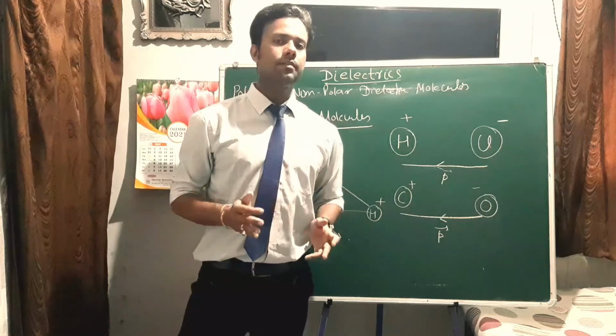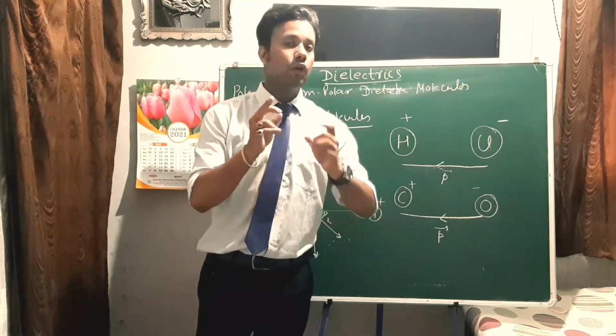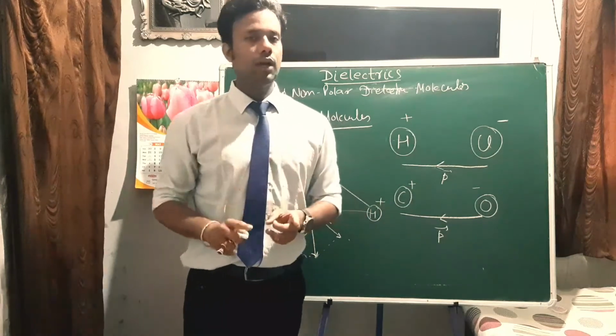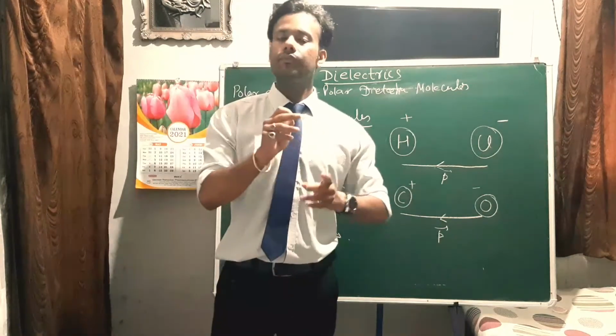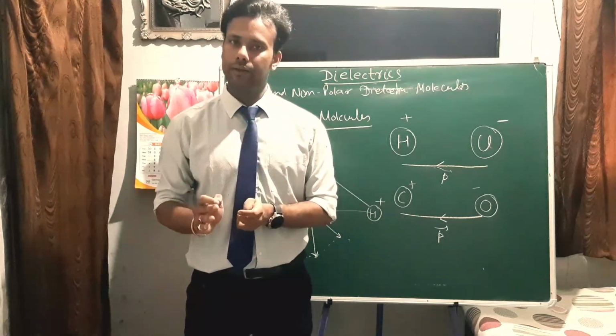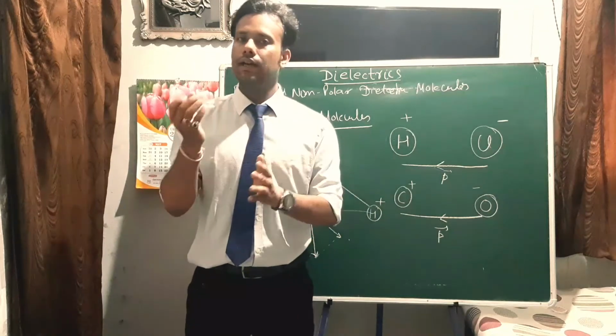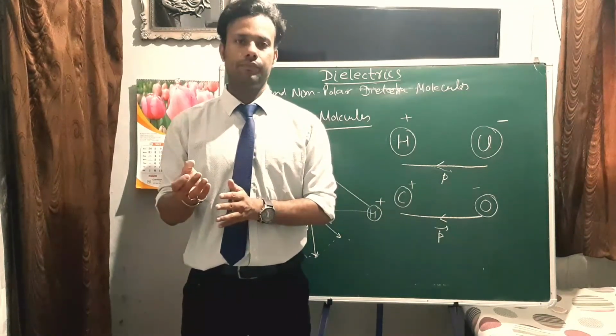So these are some examples of polar dielectric molecules. What is the conclusion? In polar dielectric molecules, they have a finite electrical dipole moment, right? They already have an intrinsic dipole moment, right?